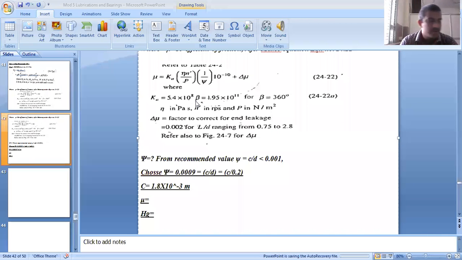How much you got? Mu value is 4.1664 into 10 power minus 3. No unit for coefficient of friction. Now heat generated, back substitute to the equation number 24.72.